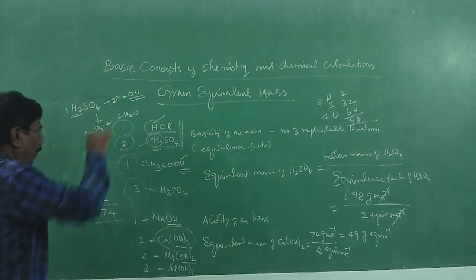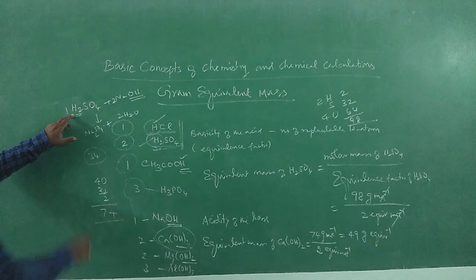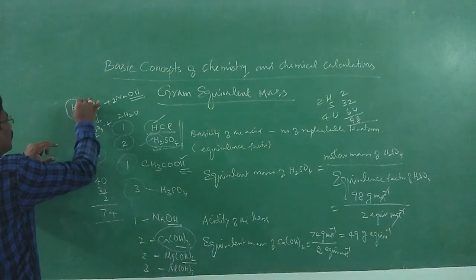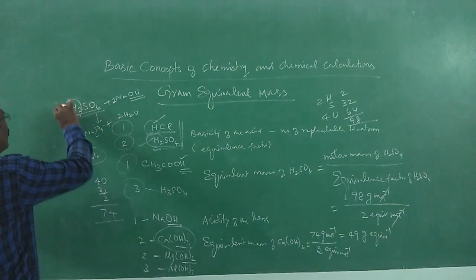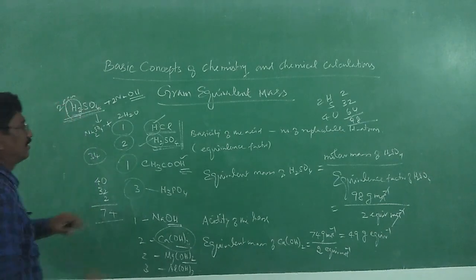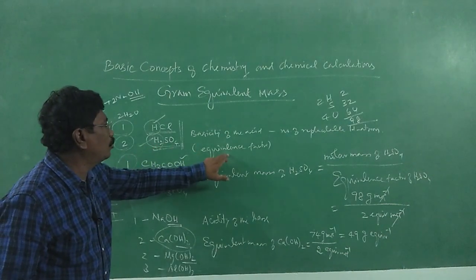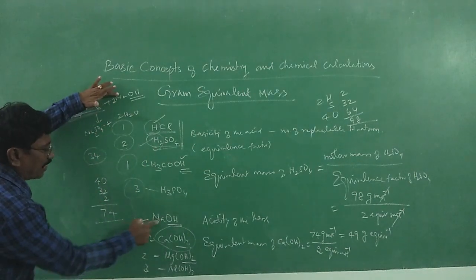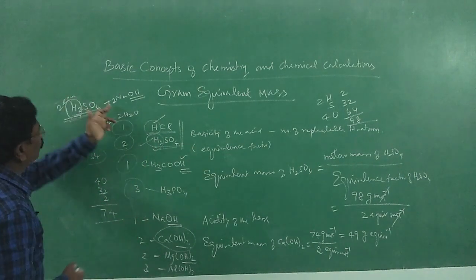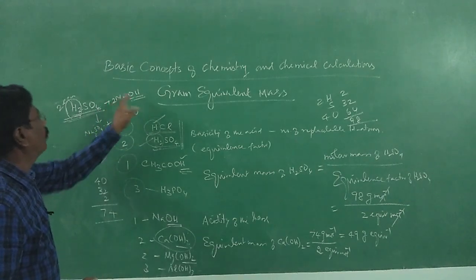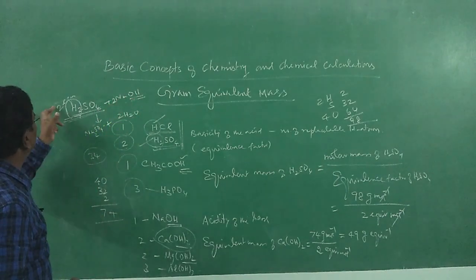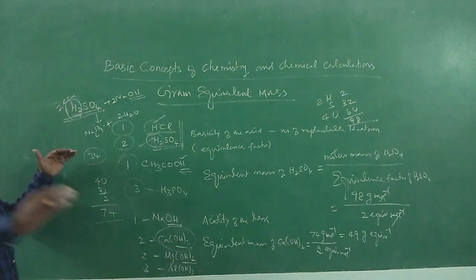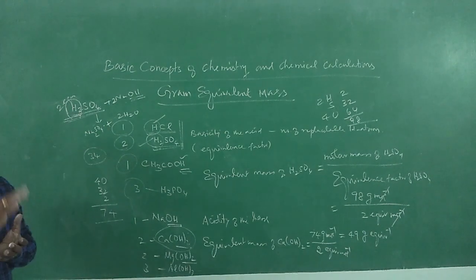Here what is happening? 1 sulfuric acid has got 2 equivalents, because the equivalence factor is 2. For sodium hydroxide, the equivalence factor is 1, so 2 equivalents we need. 2 equivalents of sodium hydroxide combine with 2 equivalents of sulfuric acid, and therefore only 1 equivalent of a substance reacts with 1 equivalent of another substance.